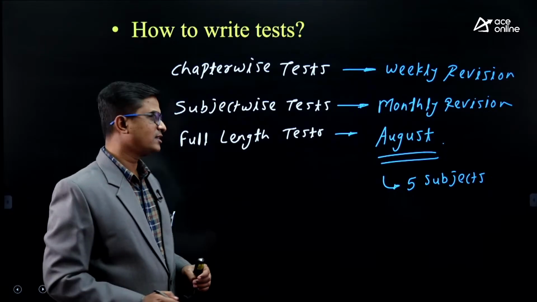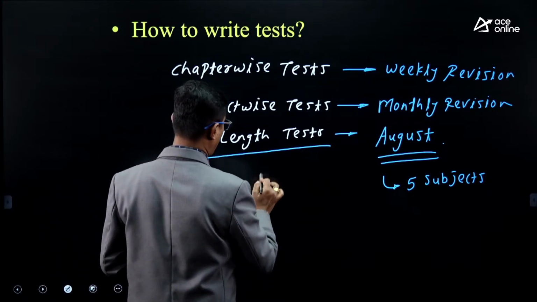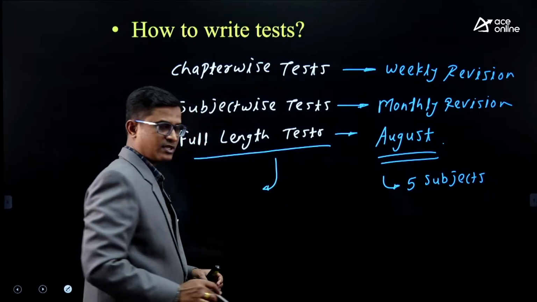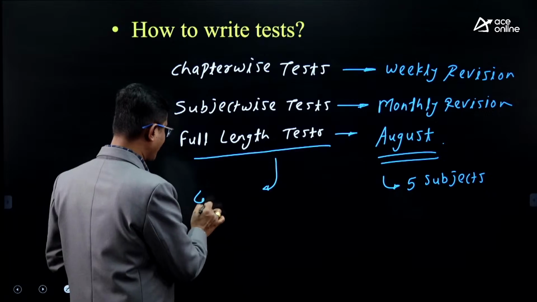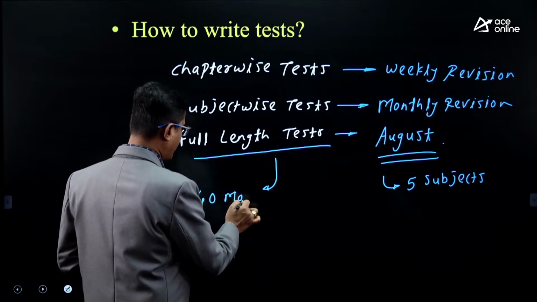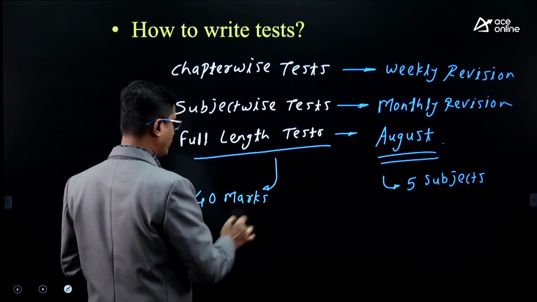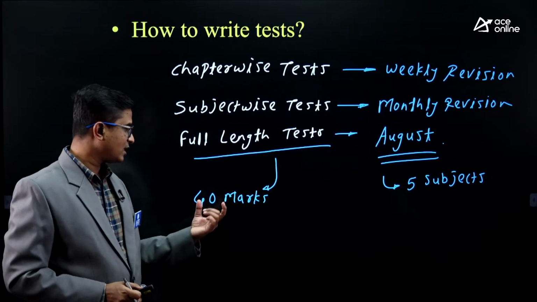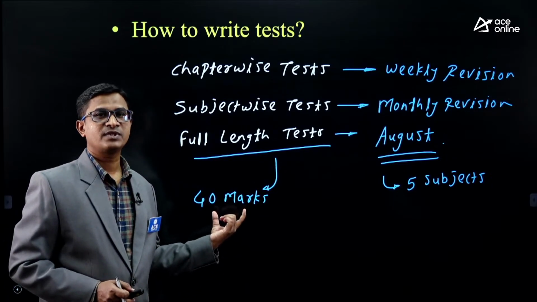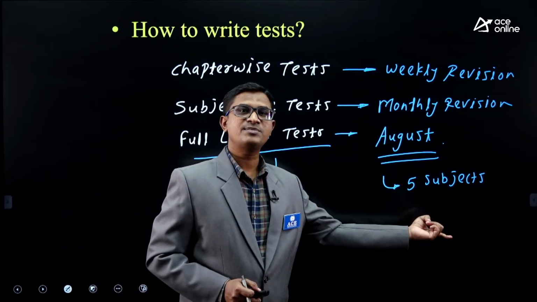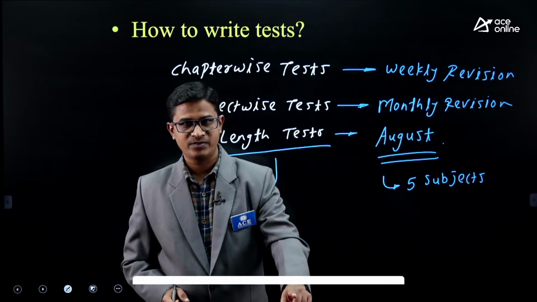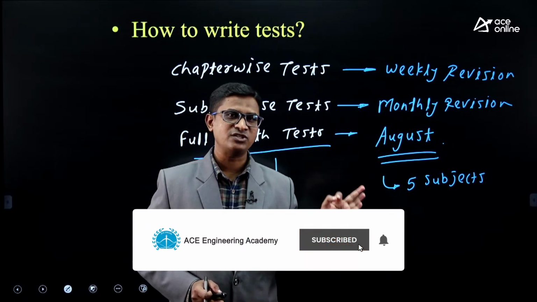And let us consider that in the full length test, based on these 5 subjects, there are questions carrying 40 marks weightage. So only try to answer these 40 marks questions. These questions are related to your 5 subjects, which are completed, right, while teaching as well as in your preparation.